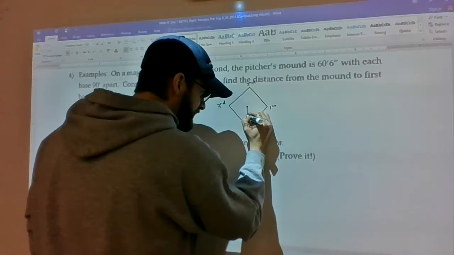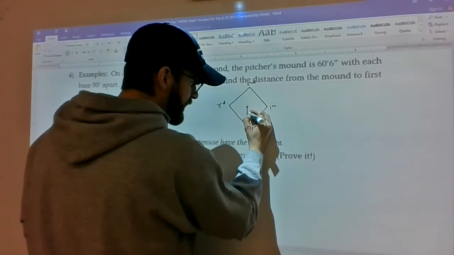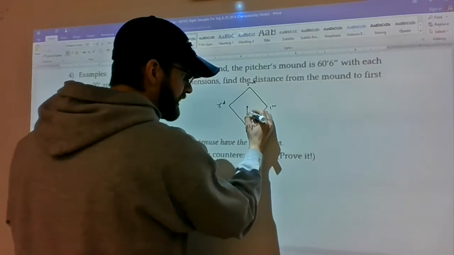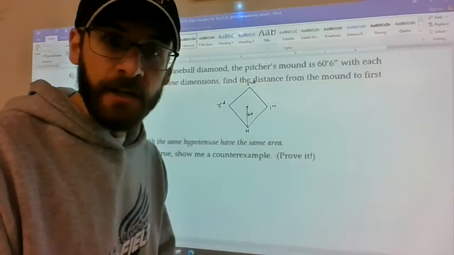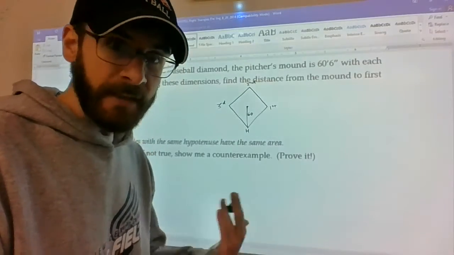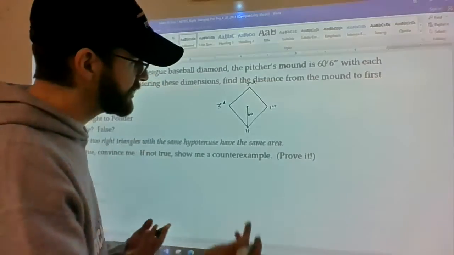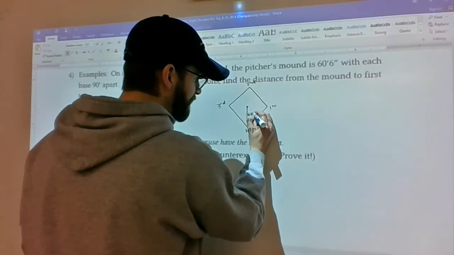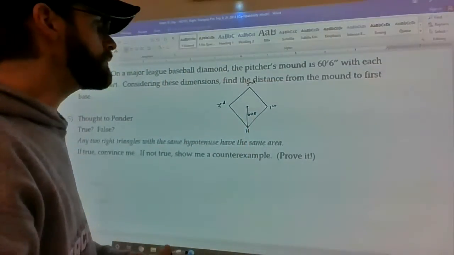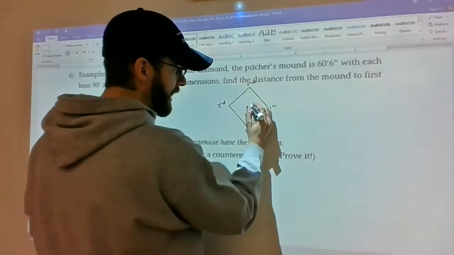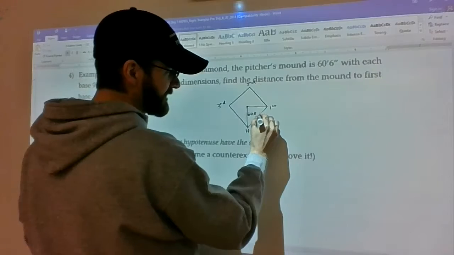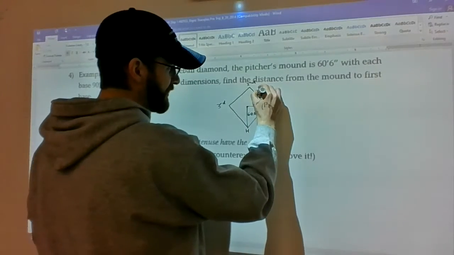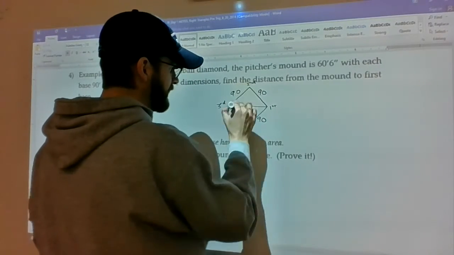And we know that this right here is 60 feet. Now, 6 inches, you could just say is 0.5 feet, right? 6 inches over 12 inches. So I could just say that 60.5. And then we've got maybe this unknown distance here, but we know that the base path is 90 feet, 90 feet, 90 feet.